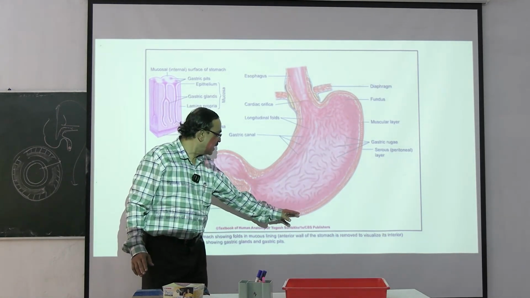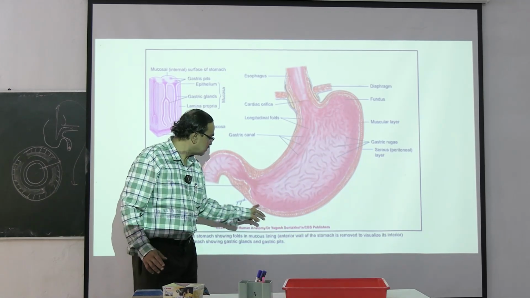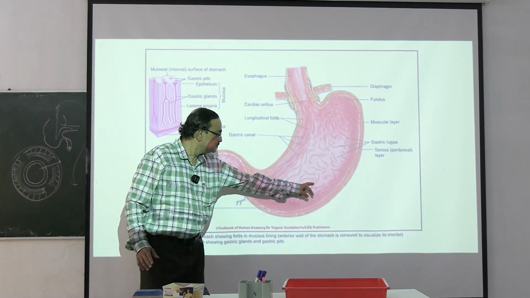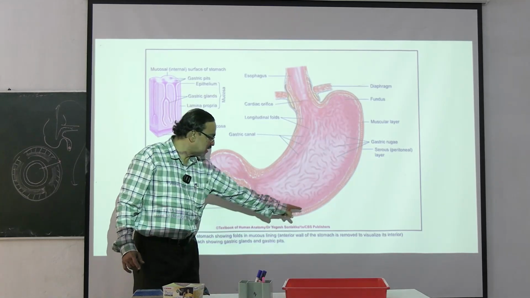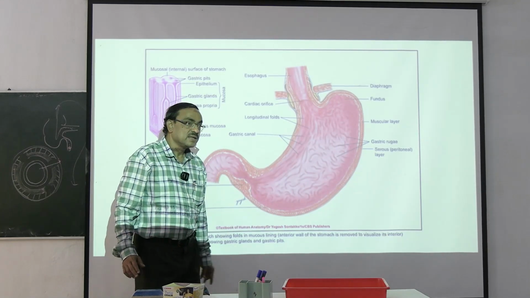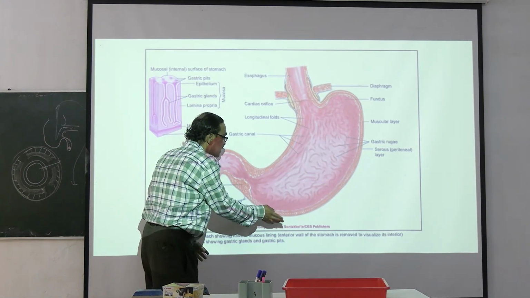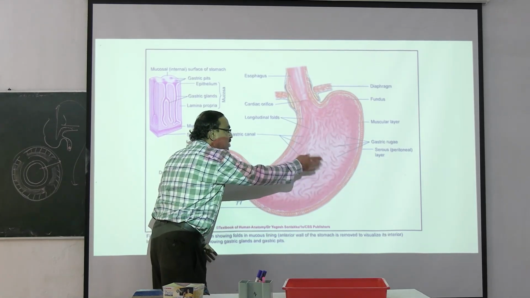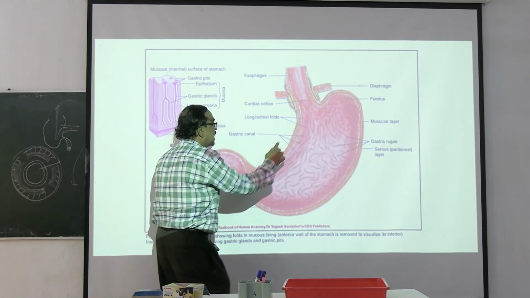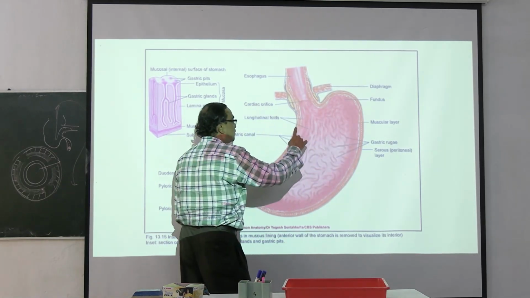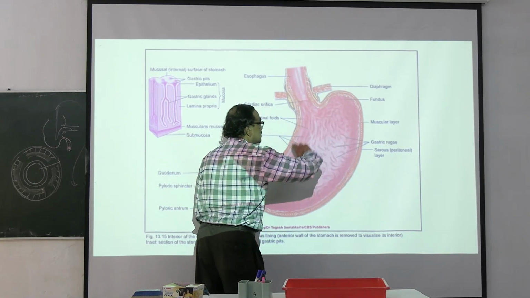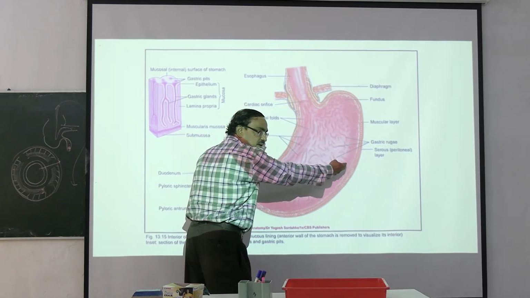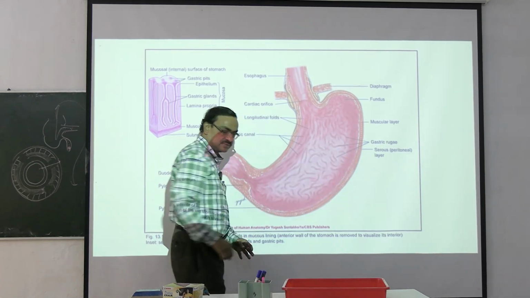And here this is the cut end of the stomach. So here we are getting the muscular layer, and the innermost layer is the oblique muscle, which is actually oriented like this from the anterior surface to the posterior surface.